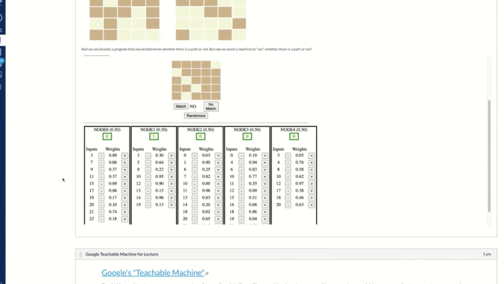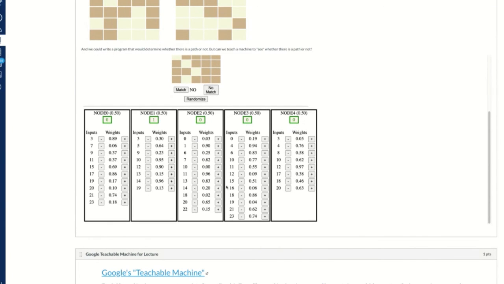And then each of the input nodes, so input node 3 is 0, 1, 2, 3, 4, 5, 6, 7, 8, 9, 10, 11, 12, 13, 14, 16, 17, 18, 19, 20, 21, 22, 24. And so you can see the listing of the pixels that this node pays attention to.